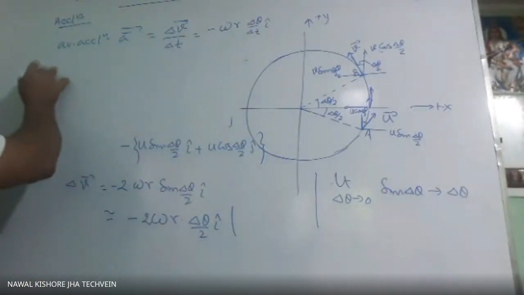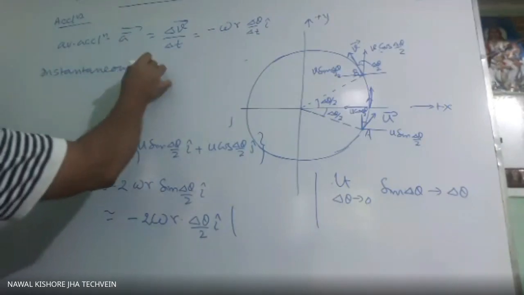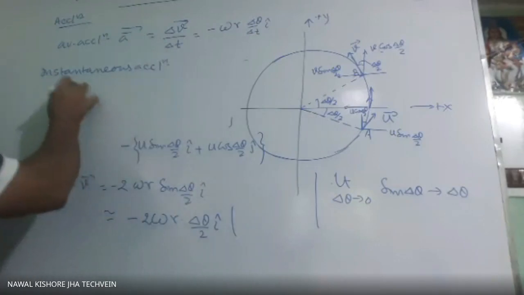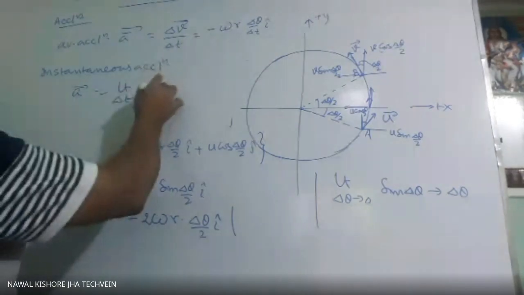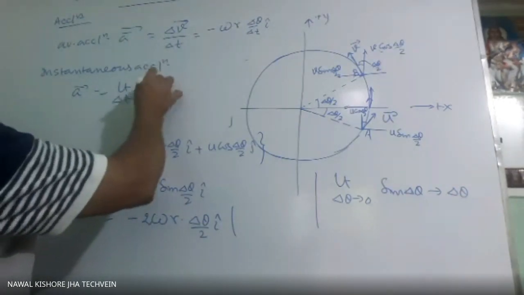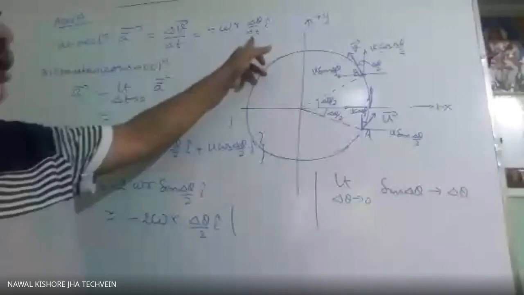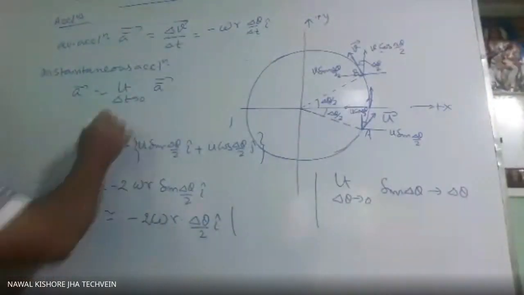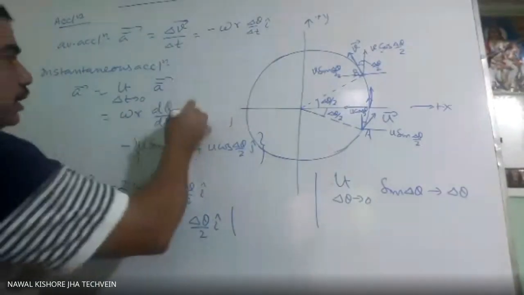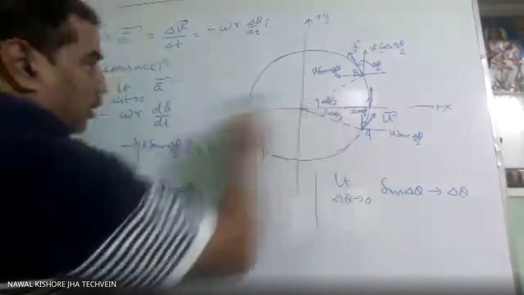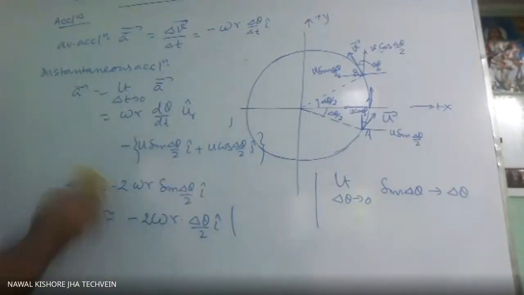If we take the instantaneous acceleration a, which is the limit delta t tending to 0 of the same, this one will become omega r d theta by dt, and the direction is minus i, which we call ur.